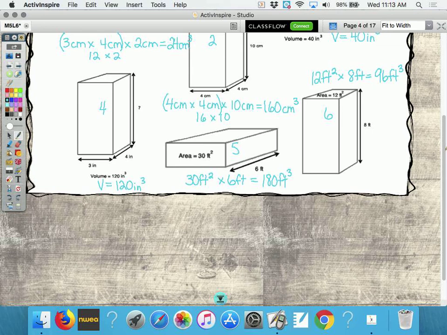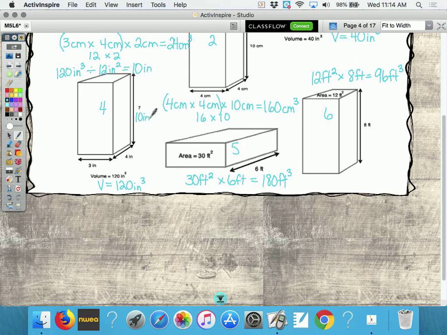So what do you want me to write? 120 inches cubed divided by 12 inches squared equals 10. 10 inches. So this missing measurement is 10 inches.